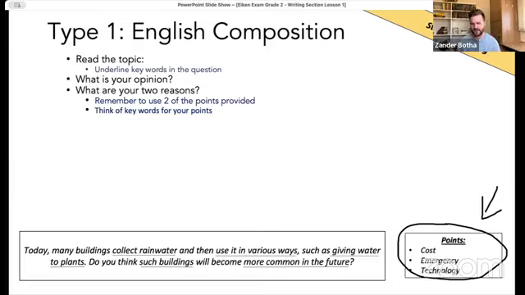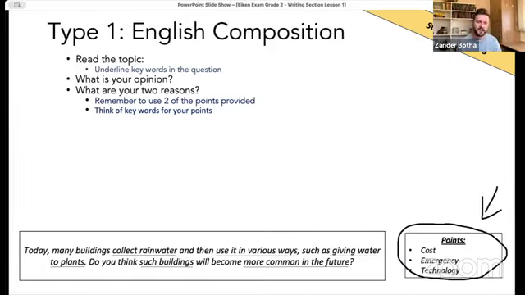So let's think of some words for cost. When you think of cost, what words come to mind? What can you think of? I can think of maybe price or cheap or expensive, or maybe reduce price or lower price.